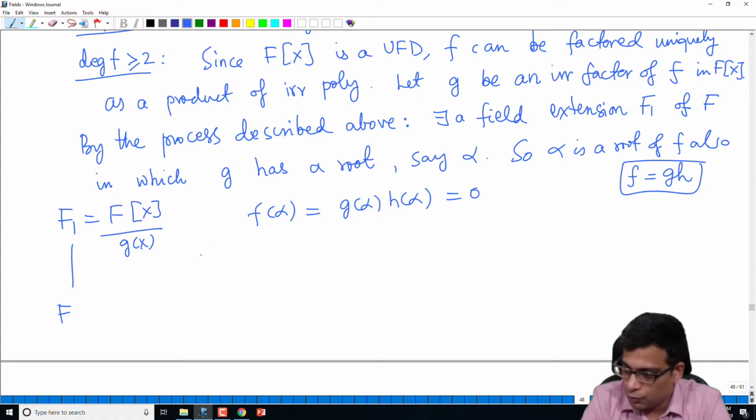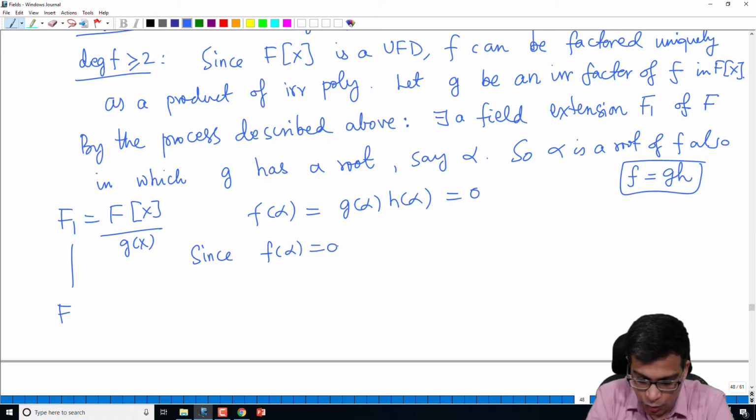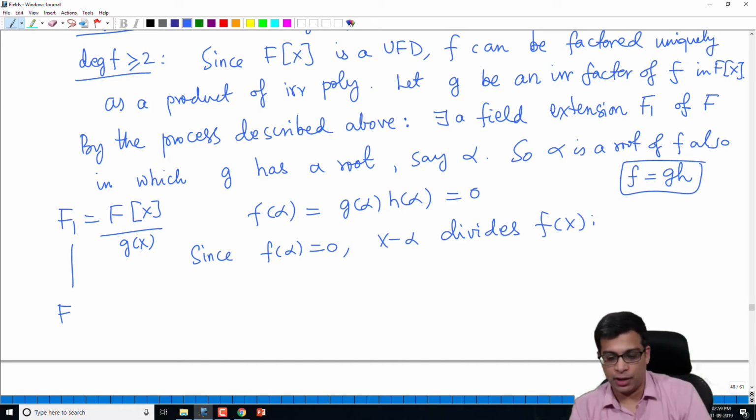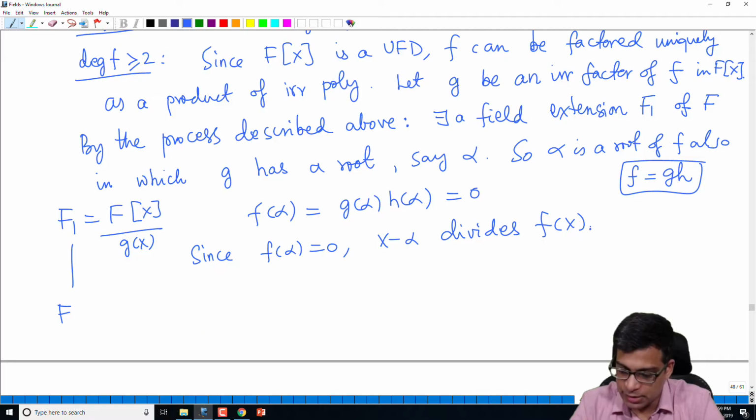So now we can write, note that since f of alpha is 0, x minus alpha divides f. This is something I have done earlier when I talked about rings, the ring theory part of the course.